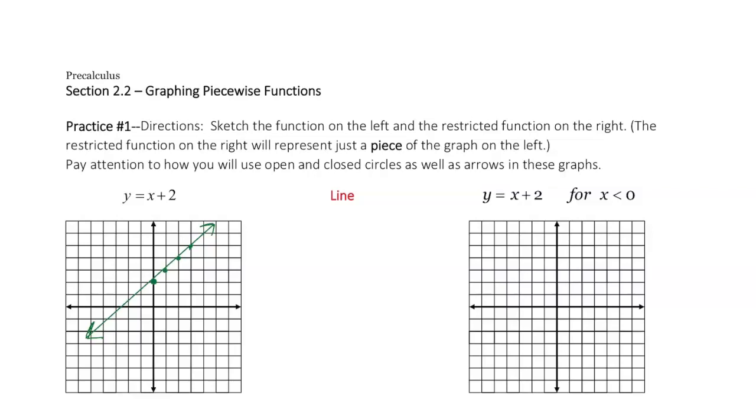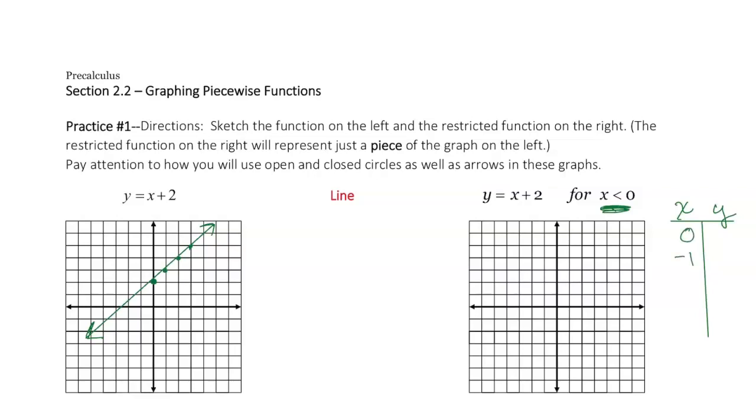Now, what I would suggest you do is get in the habit of doing little t-tables. A little t-table is named because of the letter T that you initially have. So this is going to be your x, this is going to be your y. Whatever the limit is, this is your restriction. Start there. Even though it says x has to be less than 0, start with 0.